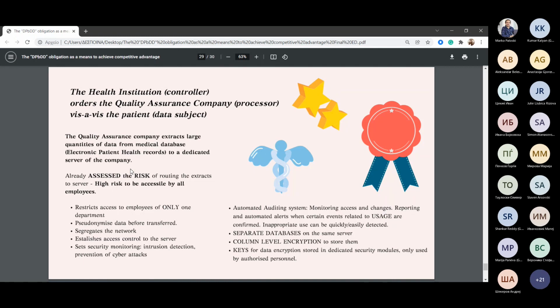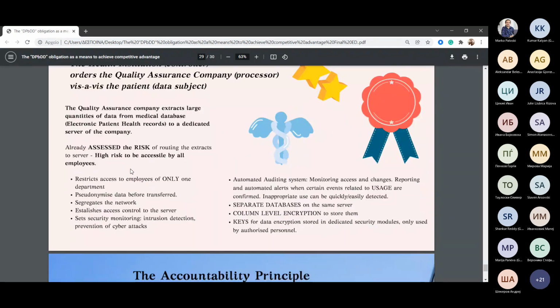This way, inappropriate use can be quickly and easily detected. We might also apply separate databases on the same server, column-level encryption to store them, and keys for data encryption stored in a dedicated security module that's accessible by authorized personnel.